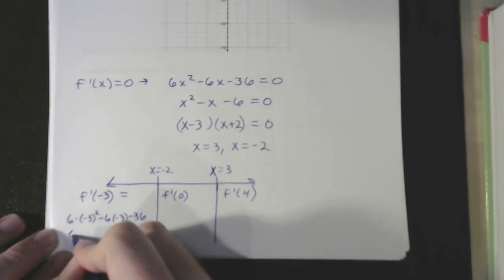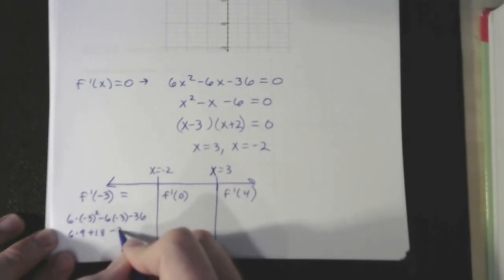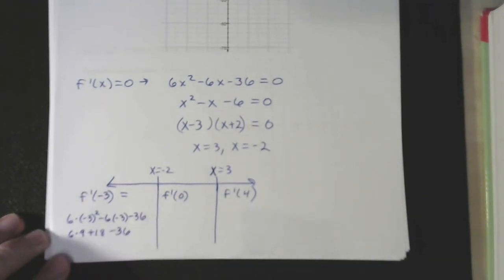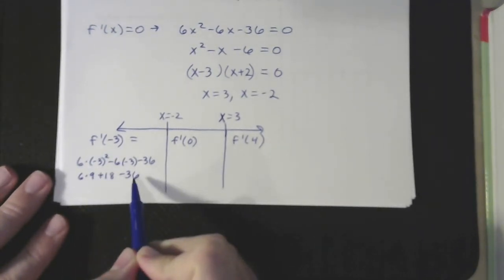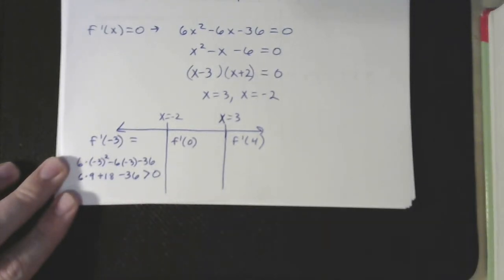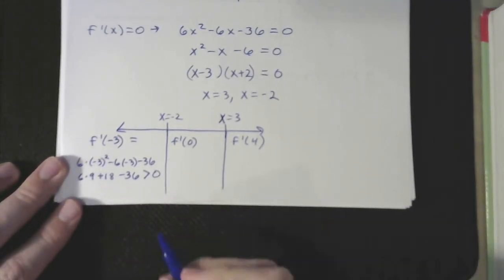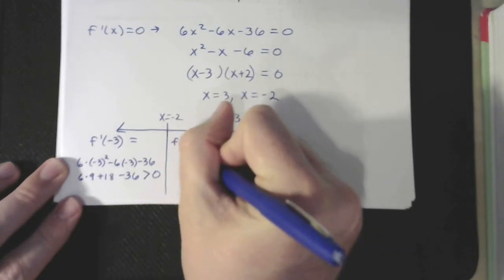So this is 6 times 9 plus 18 minus 36. 6 times 9 is definitely bigger than 36, so we know that this is going to be positive. I don't need to know the exact number, just that it's positive. F prime of 0 is negative 36, that's negative.